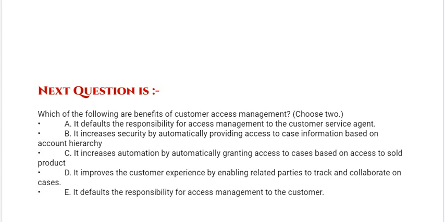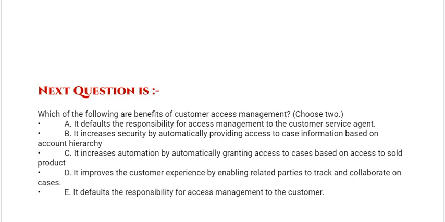Next question is, which of the following are benefits of customer access management? Choose two options. Option A, it defaults the responsibility for access management to the customer service agent. Option B, it increases security by automatically providing access to case information based on the account hierarchy.